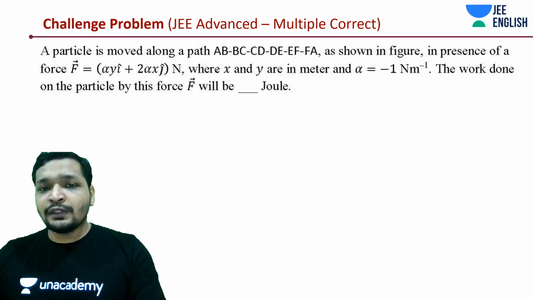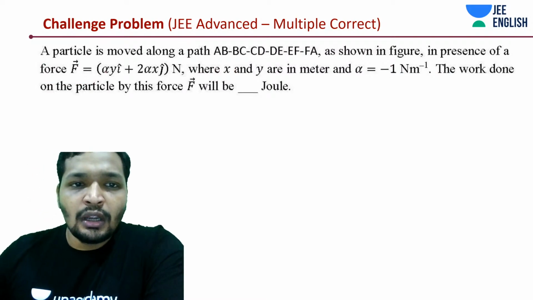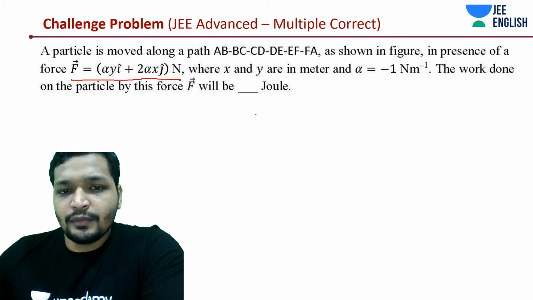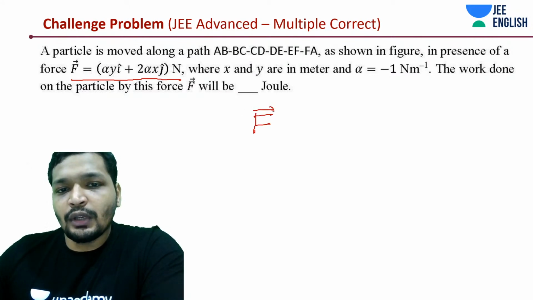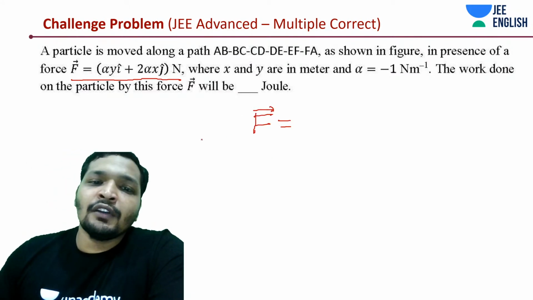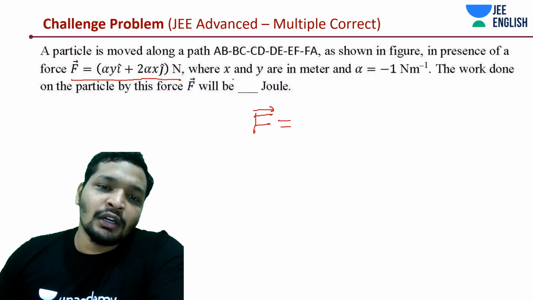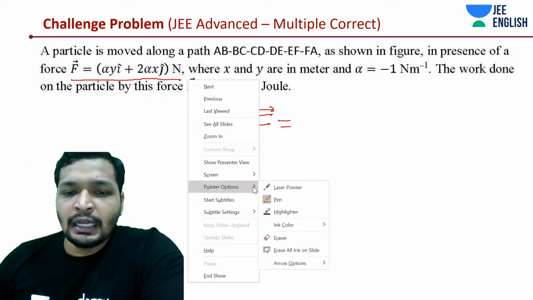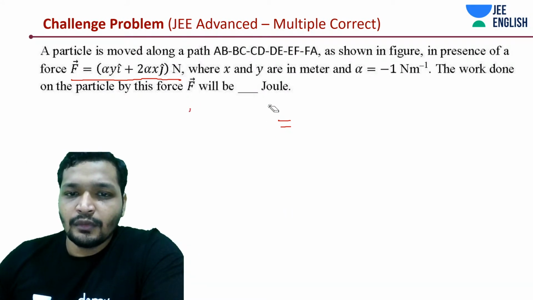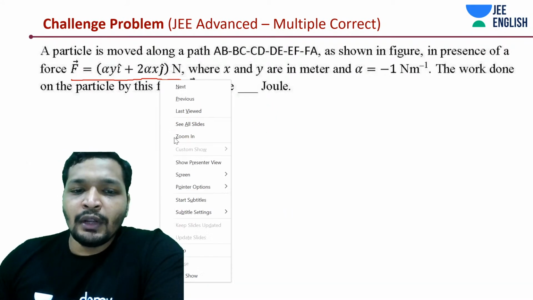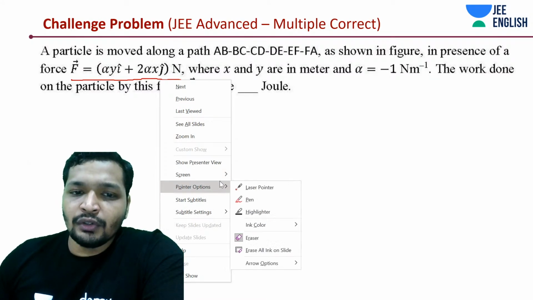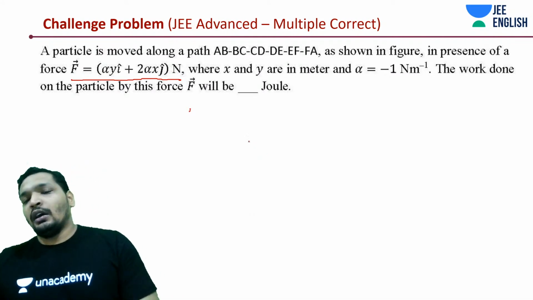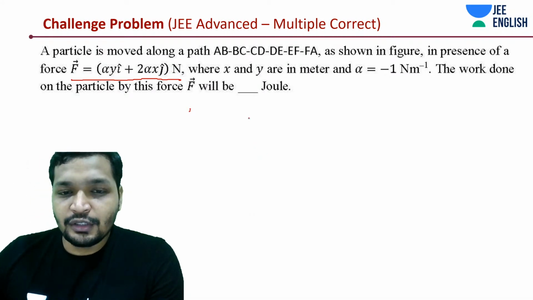But if you have noticed this force equation, this is a non-conservative force. So how do you identify whether a force is a conservative force or a non-conservative force? Basically, you do del cross F. If you do del cross F and you get it to be 0, it's a conservative force.